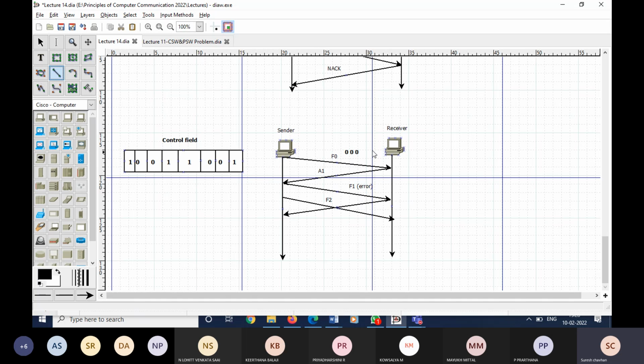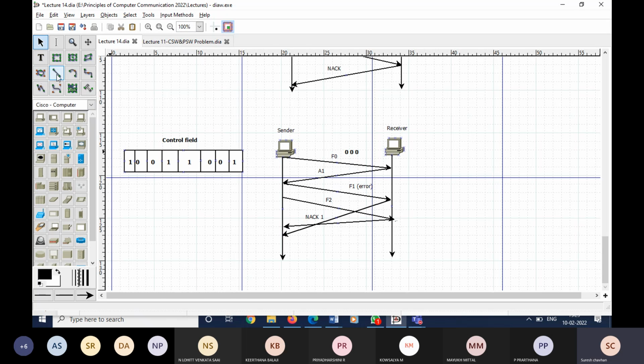Suppose this acknowledgement will be delayed somewhere here. Here is the delayed acknowledgement, and this negative acknowledgement has been received here. What this negative acknowledgement says is, I'm waiting for A1, I'm waiting for frame 1 to be received.